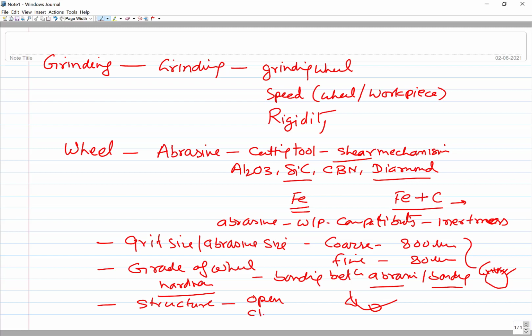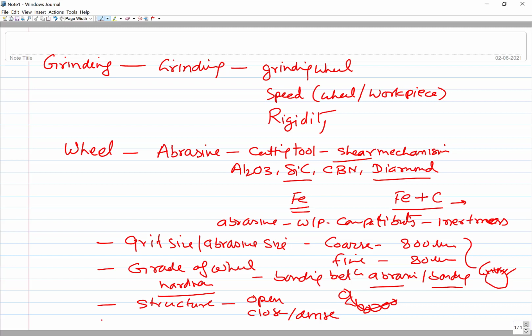Or the spacing between the abrasives is very close, very tightly packed like this. That will be the closed kind. Closed means the gap between the abrasives is very small, so this is also called dense. This is called open or closed structure, or dense structure. In dense structure, abrasives are very tightly, closely packed.